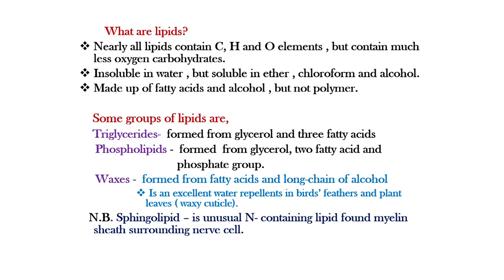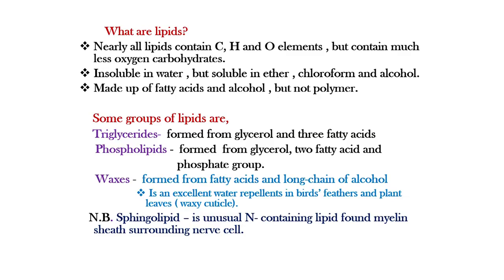Lipid is made from its respective building blocks, fatty acid and alcohol, but it is not a polymer, because its building blocks are not similar. Lipids include triglyceride, which is formed when one glycerol and 3 fatty acid molecules become esterified or bonded together.